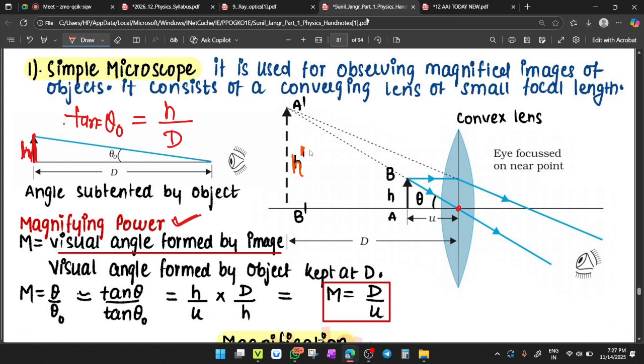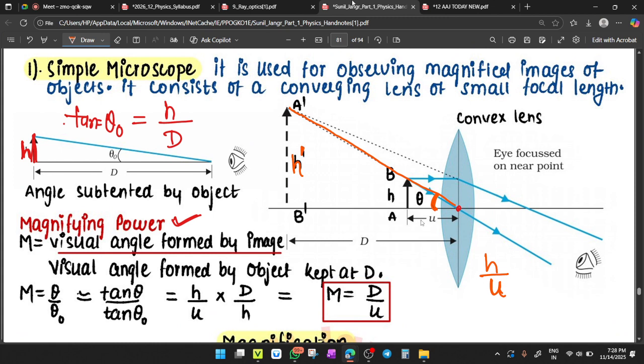H dash will make angle theta. So for this angle theta, tan theta is equal to perpendicular upon base, so it will be h by u.